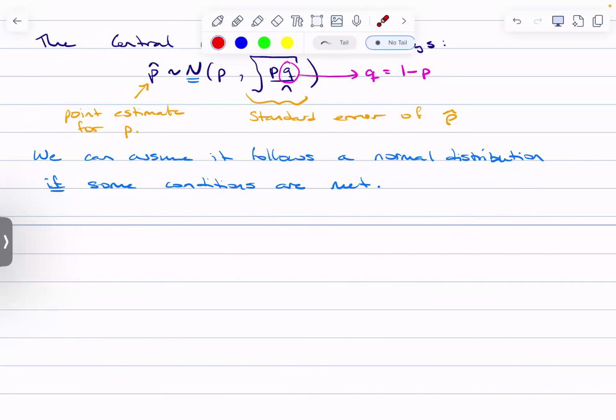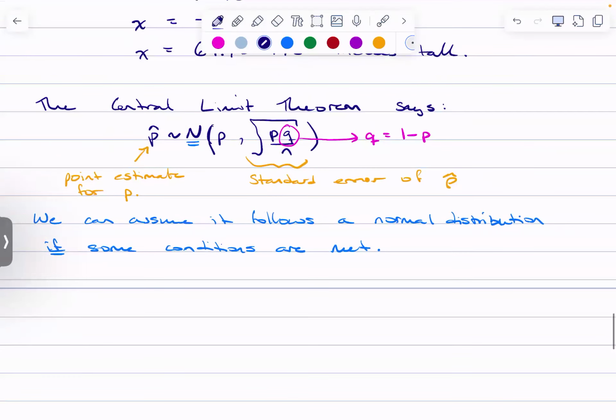Is that a bracket between N and P? Yes. So it's using that notation where x follows a normal distribution with a mean mu and a standard deviation sigma. It's just shorthand.